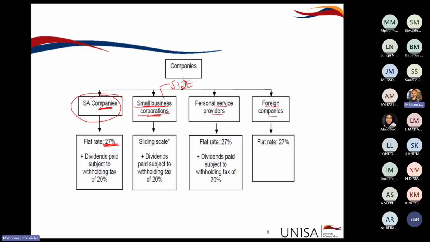So if you get a question that asks for a South African company's final tax liability, we expect to see your taxable income multiplied by 27% to get the final tax payable. We don't want to see 28%. We don't want to see 29%. Most times we see some funny tax rates that students use in the questions. It's only 27% and you get your 1 mark.